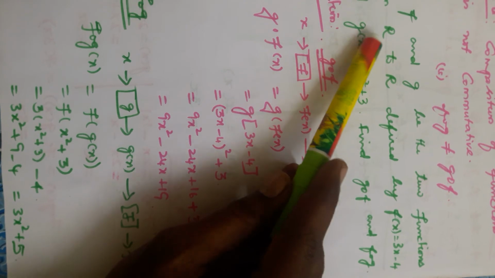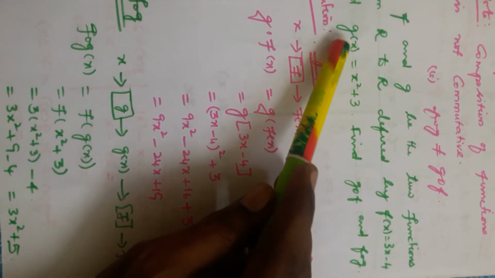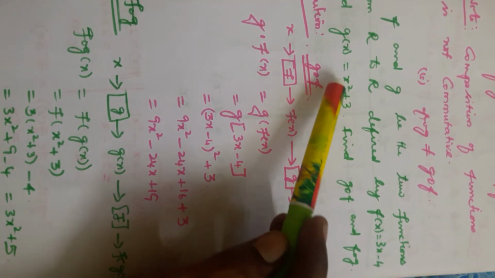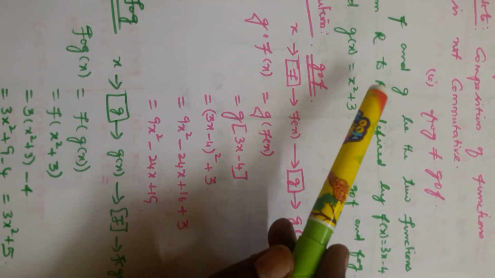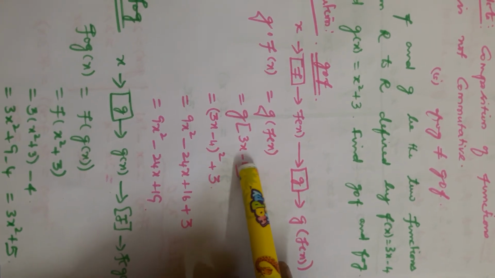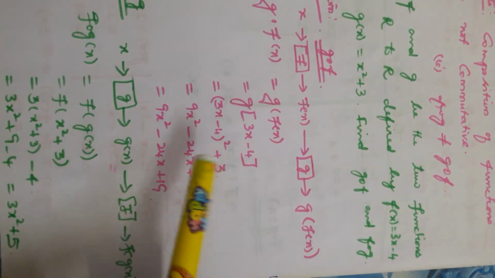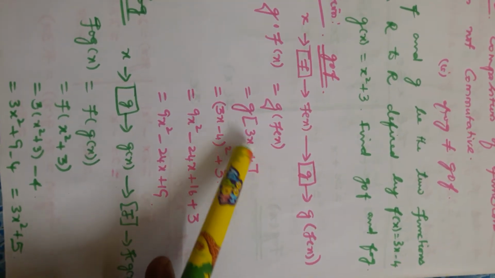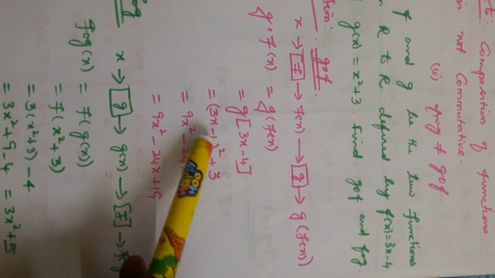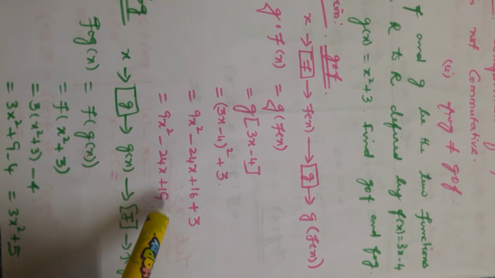So if inside you have 2, it will be 4 plus 3. Inside you have 3, 9 plus 3. So it is clear. To find g of 3x minus 4, you should know the function definition, x square plus 3. So I am replacing x by 3x minus 4. So your answer is 9x square minus 24x plus 19.